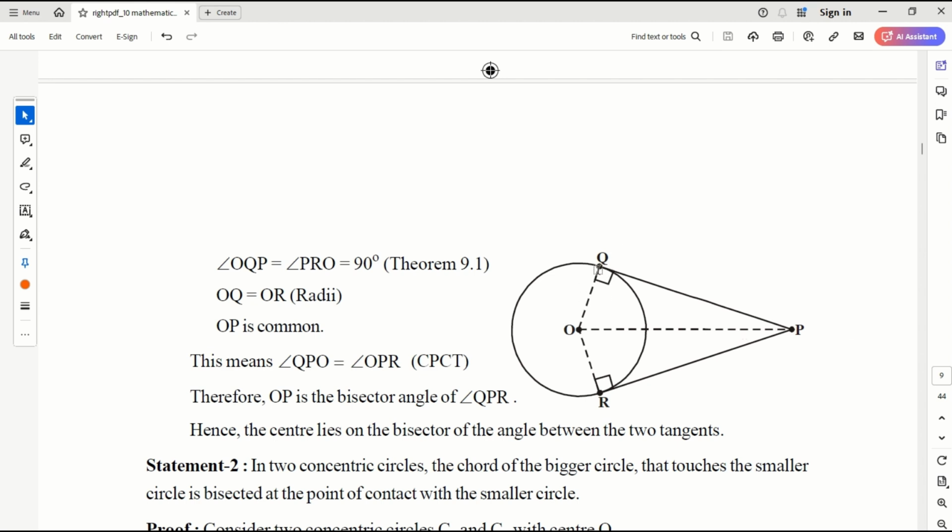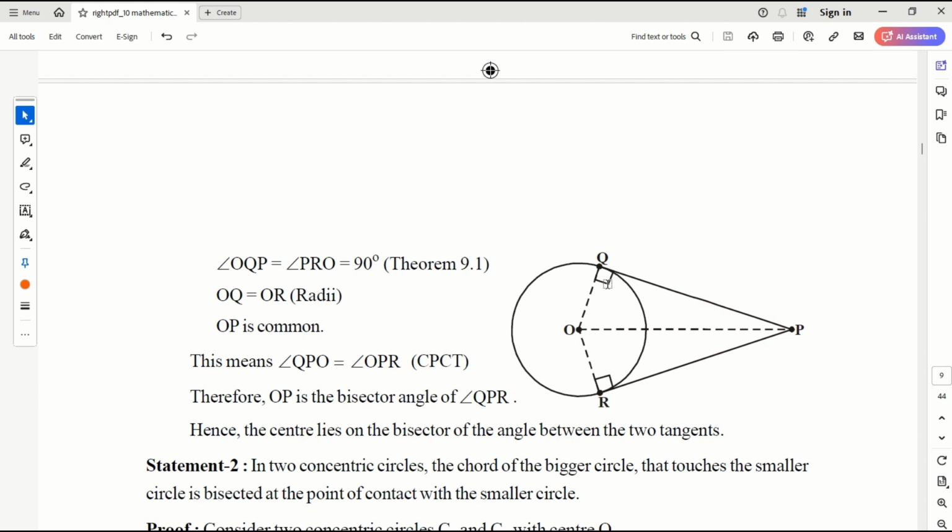In the two right angle triangles, OQ and OR are radii, both are same. This is the common side, which is same, correct? And you have 90 degrees, which is same. We also know that PQ equals PR.